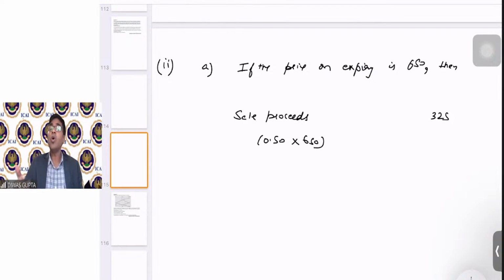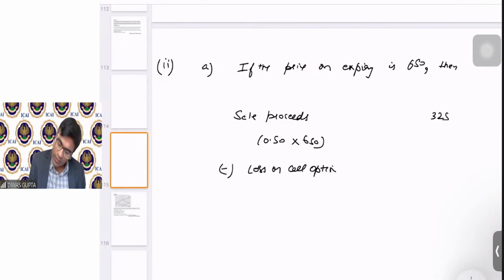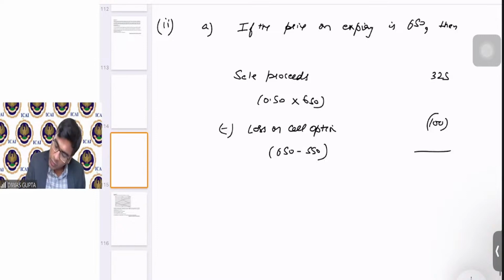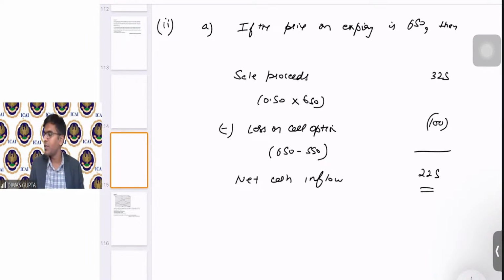Then because I have written a call option, I will have to pay the difference between strike price and the expected price, because in this case the price has moved up. So minus loss on call option. This will be 650 minus 550, which is 100 rupees. So in a nutshell, I will get 225 rupees as the closing cash flow, the net cash inflow.